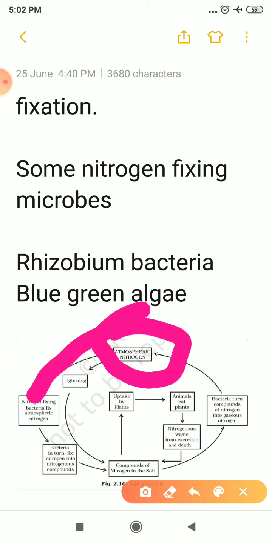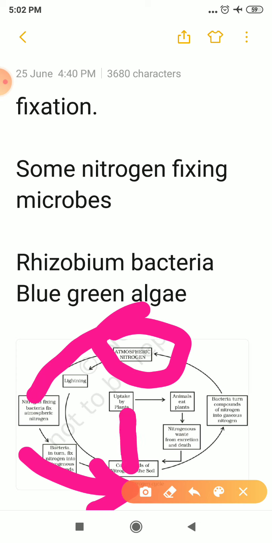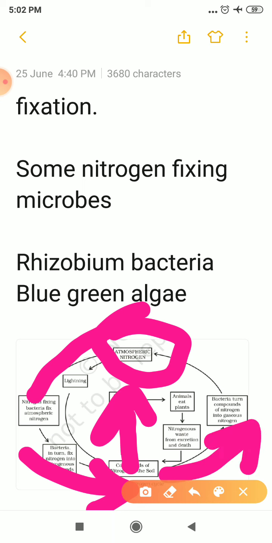Again, these nitrogenous compounds are mixed into the soil, and from the soil they are absorbed by plants here. And some which are not used are again converted by microbes into nitrogen gas.